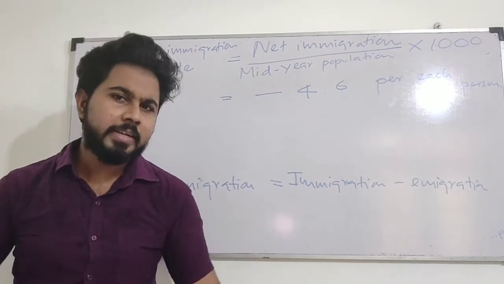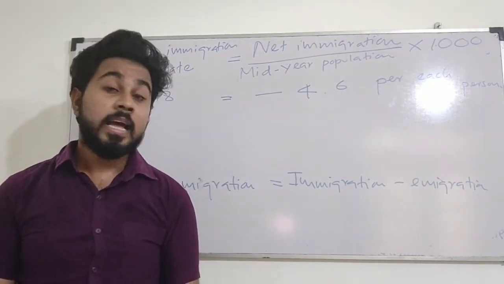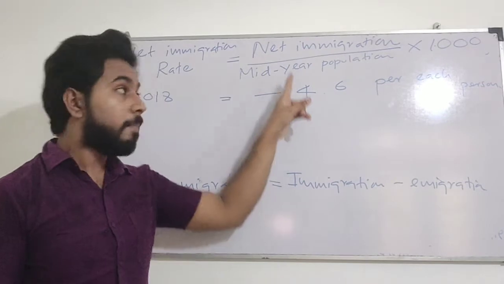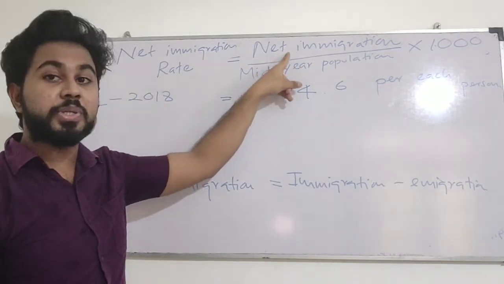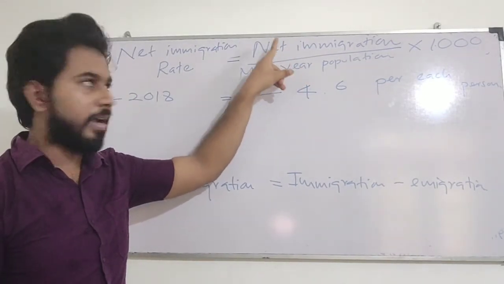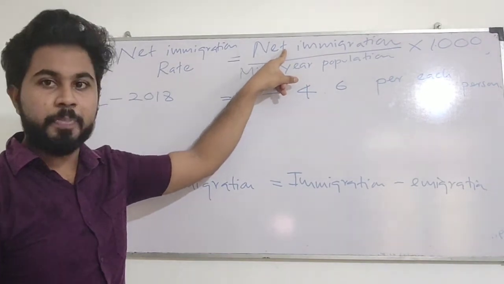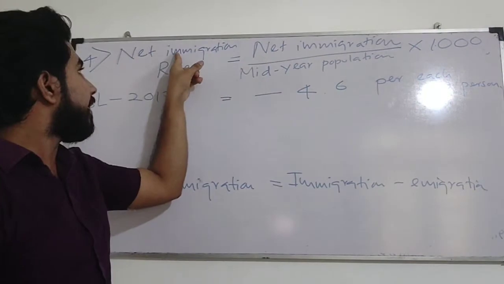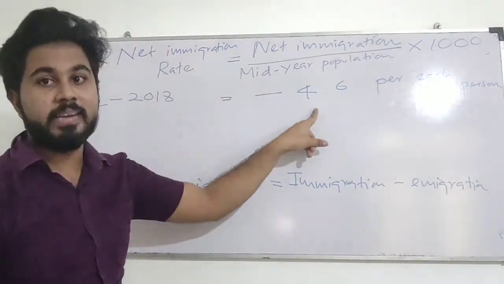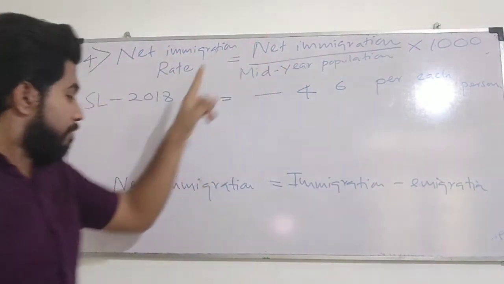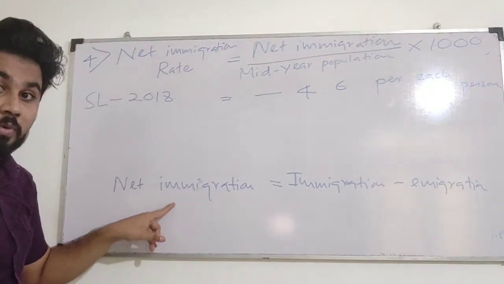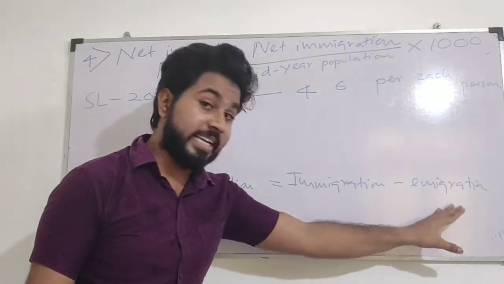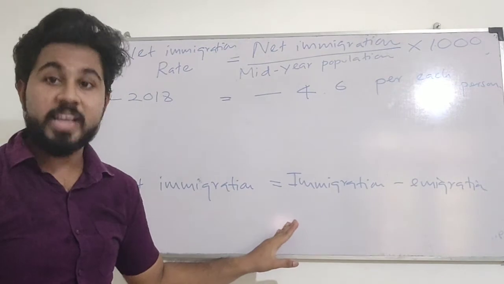Why is this a negative value? Yes, because net immigration is a negative value. Net immigration will be a negative value if emigration is greater than immigration.